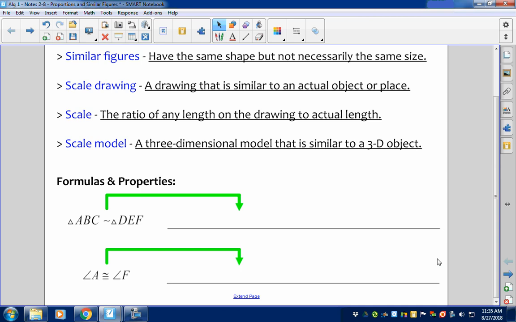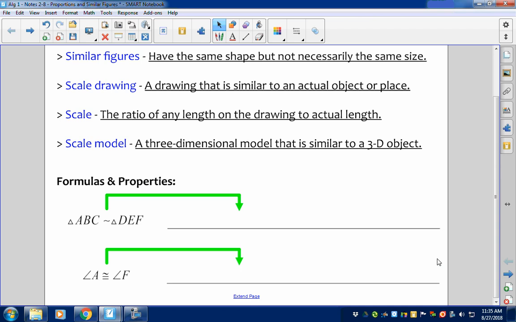Similar means it has the same shape, but not necessarily the same size. It's nice to have a scale model of what you're going to do in reality before you go and do it. And then there are two symbols you need to be aware of.